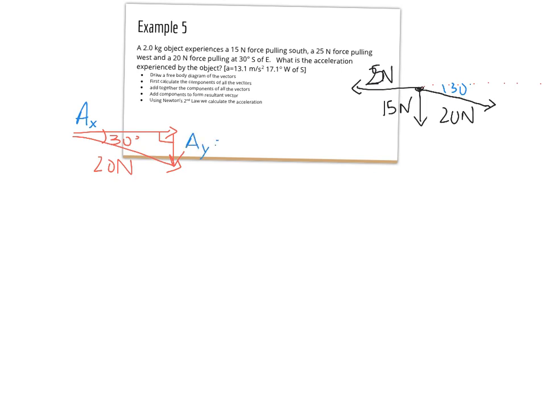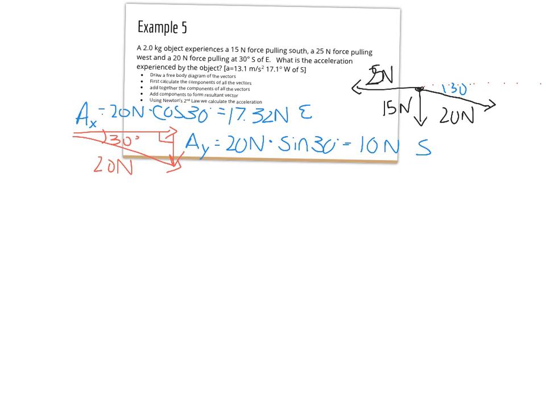So this will be 20 newtons times the sine of 30 degrees, and this one would be 20 newtons times the cos of 30 degrees, and we end up with 17.32 newtons in an east direction, and we end up with 10 newtons in a south direction.